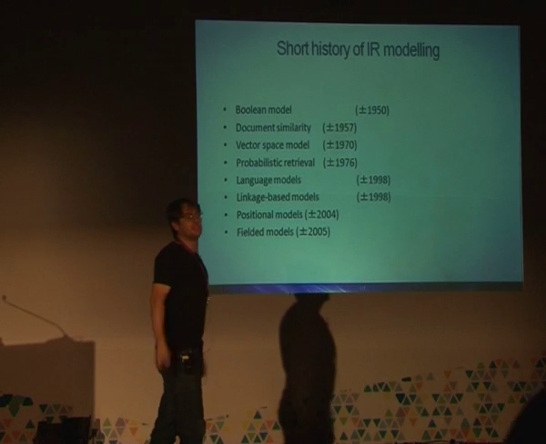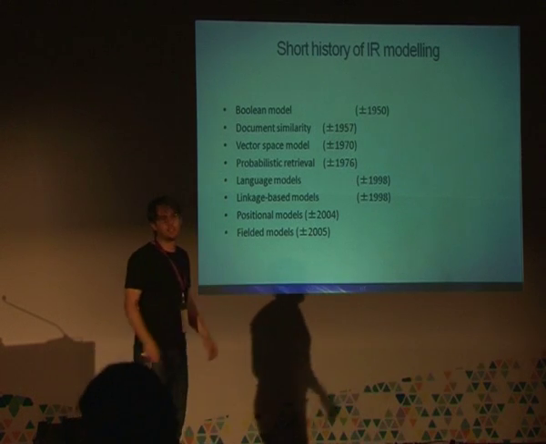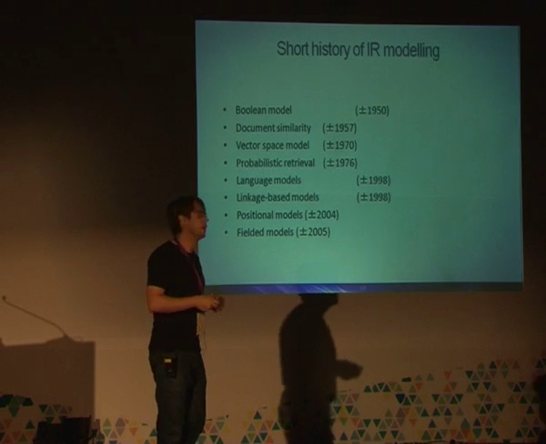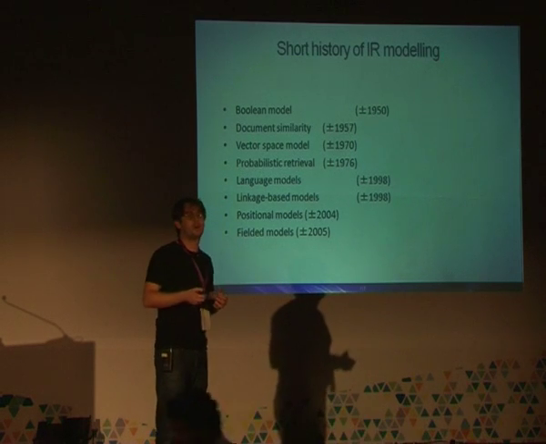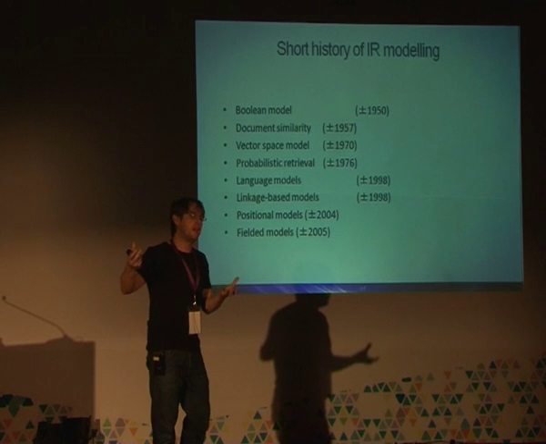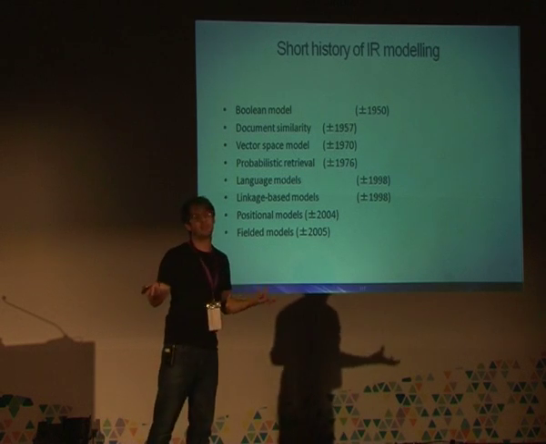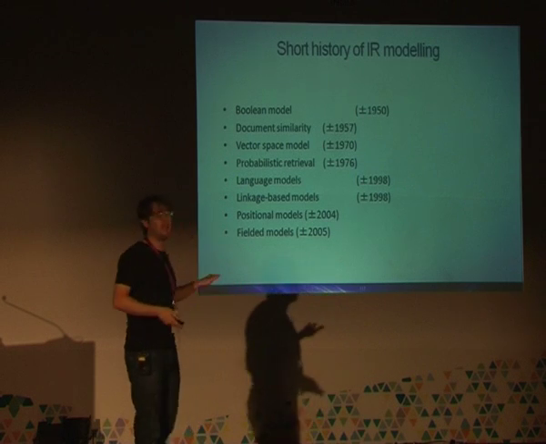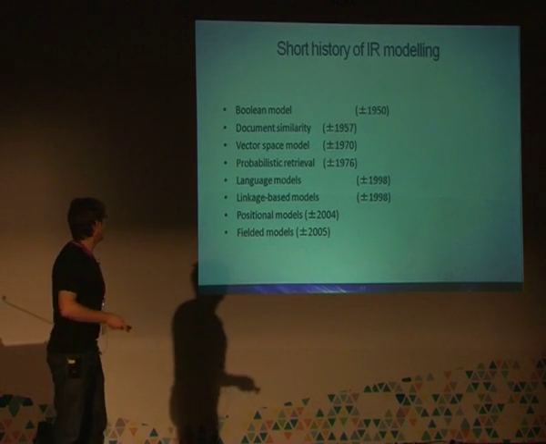And now we're looking into much more complex models, things that take into account the position of the words in the document, or whether a word occurs in a particular section of a document. So there will be fielded models. I won't get deeply into that.